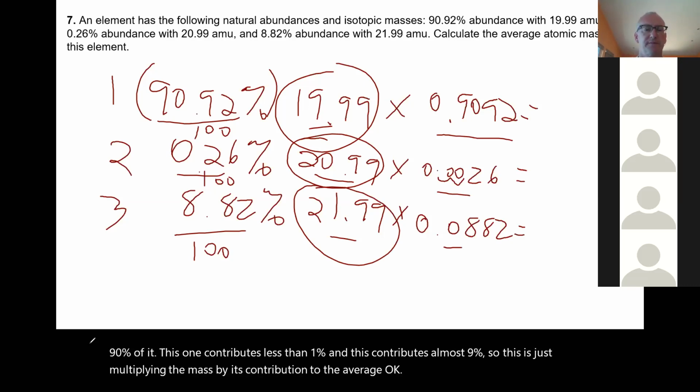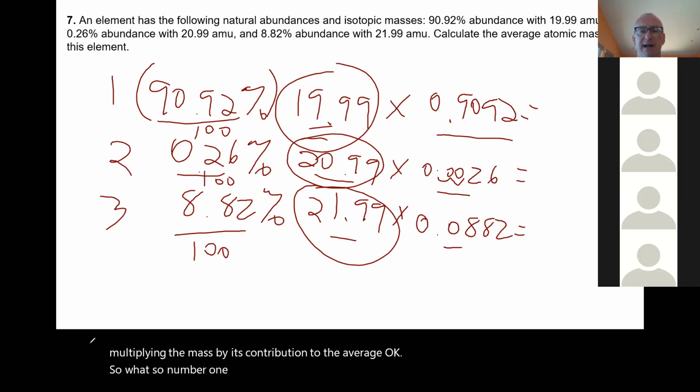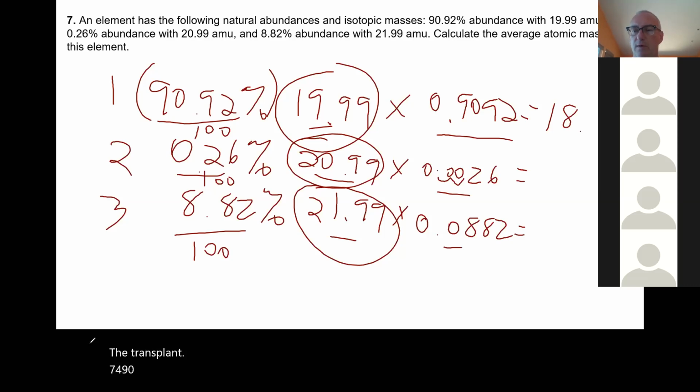So number 1, what number does that give us? 19.99 times 0.9092 is 18.174908. Okay, that's probably enough significant digits. We'll worry about the significant digits a little bit later.